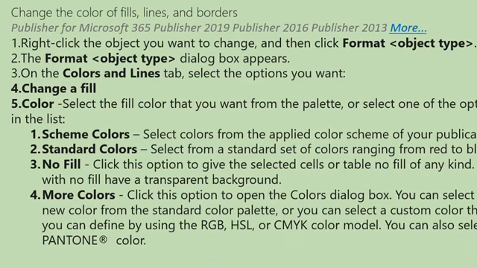Right click the object you want to change and then click format object type, e.g. format picture, format whichever. Then you change the color and lines from the change a fill. Then you can also change the color. You have color scheme, standard colors, no fill, more colors. Therefore, that one is how you go about it.